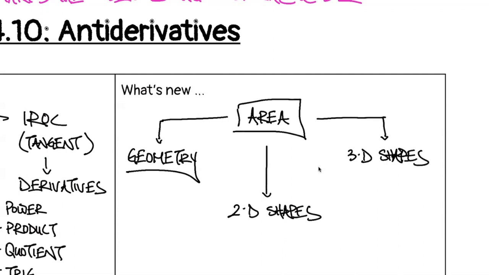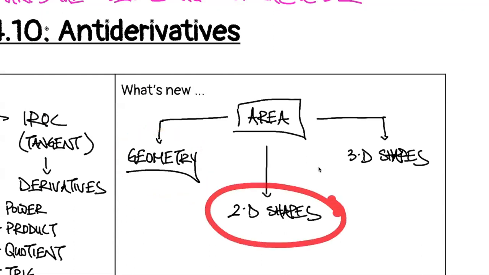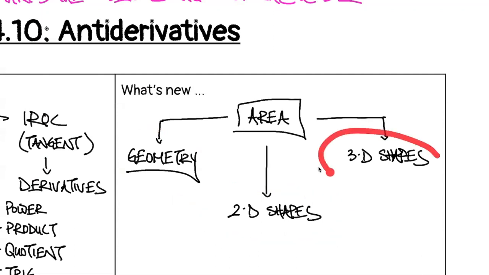So if we want a roadmap of where we're heading in this last chunk of class, last chunk of the semester, we're looking at area. We're going to start by looking at geometry. We're going to then move to 2-dimensional shapes that maybe don't have nice formulas. That's why I put it separate from geometry. And then we're going to finish off the semester with a bang with 3-dimensional shapes.